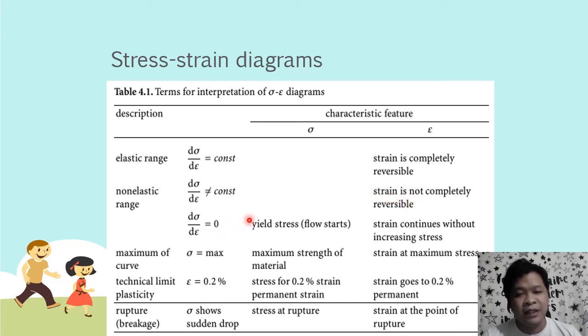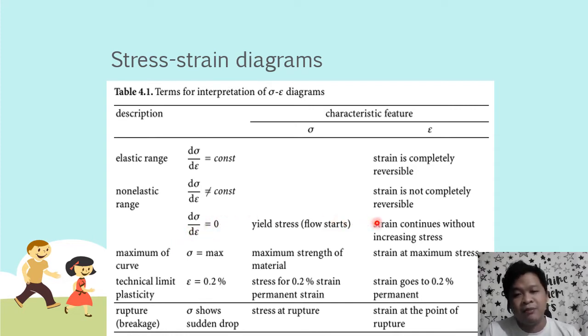And yung yield stress, yung pinaka-peak na nakita ninyo, yun naman actually yung point kung saan the peak itself, kaya siya nag-flatten out kasi the change in stress over the change in strain equals 0.